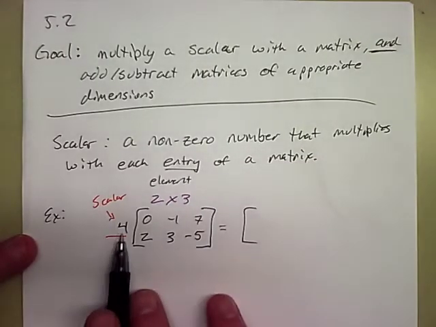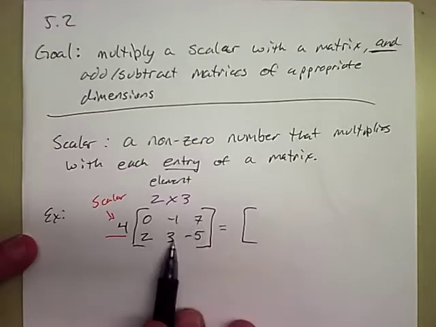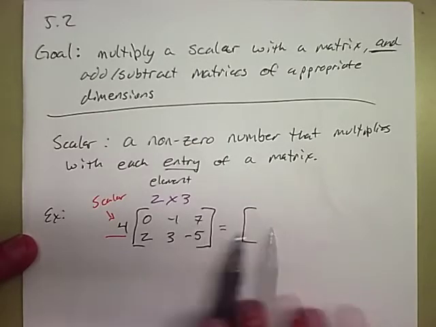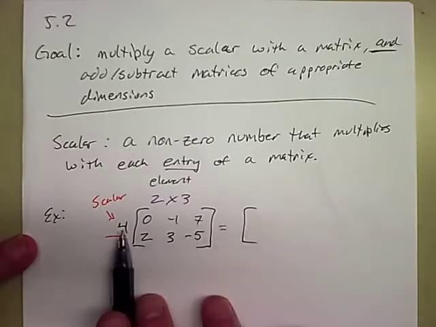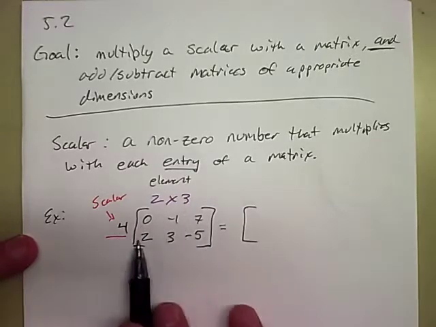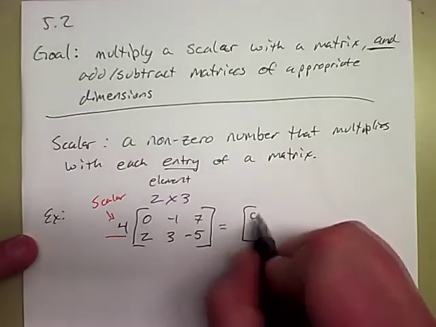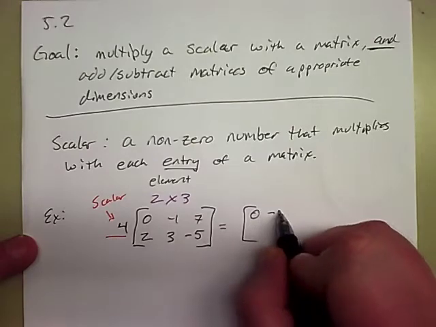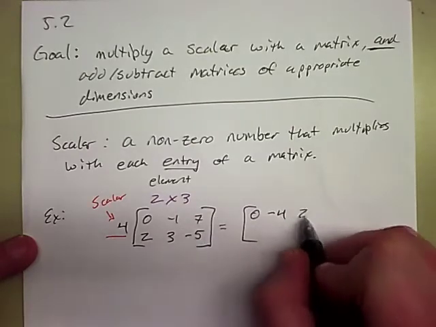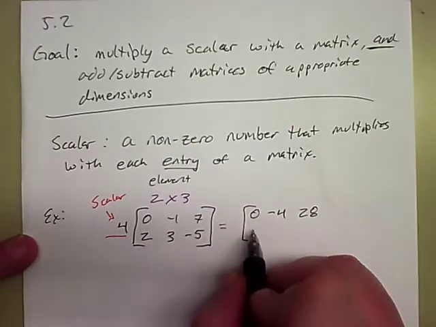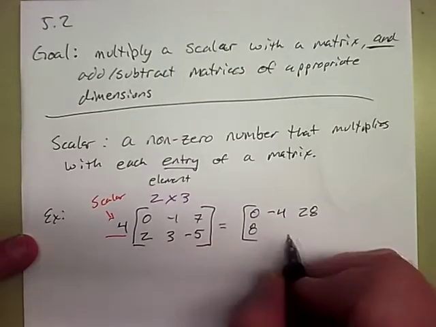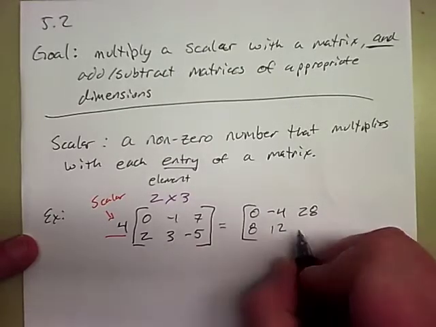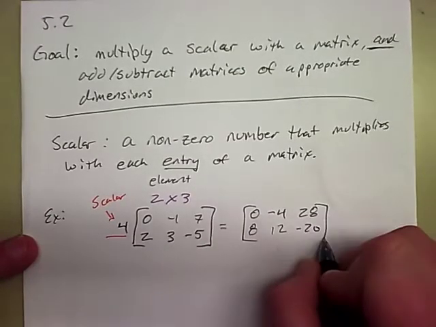So the scalar, the 4, is going to multiply with each entry within the matrix. So I'm going to go ahead and multiply the 4 by all 6 of these numbers. 4 times 0 is 0. 4 times -1 is -4. 4 times 7 is 28. 4 times 2 is a regular 8. 4 times 3 is 12. And 4 times -5 is -20.